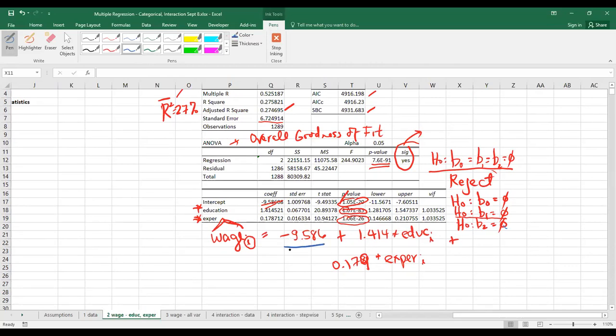Yes, correct. Very good. So this is the average wage, hourly, kasi hourly yung wage natin, no? Hourly wage, wage per hour. So this is the average value of your hourly wage when a person does not have any education at all, 0, and no experience, 0.